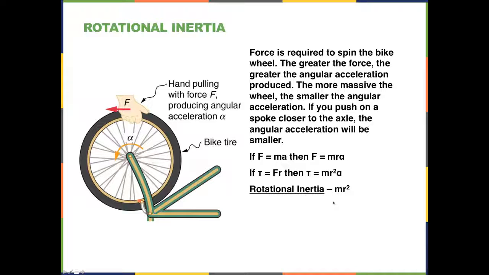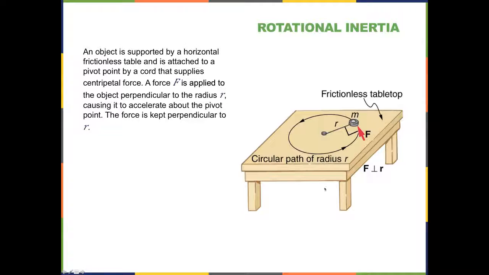Now, if you have a frictionless table with an object on it, attached at a pivot point with a radius of r, it has a mass of m. The force is applied perpendicular to r. It causes it to accelerate in this circle, and this is kept perpendicular. So this is what is meant by rotational inertia.